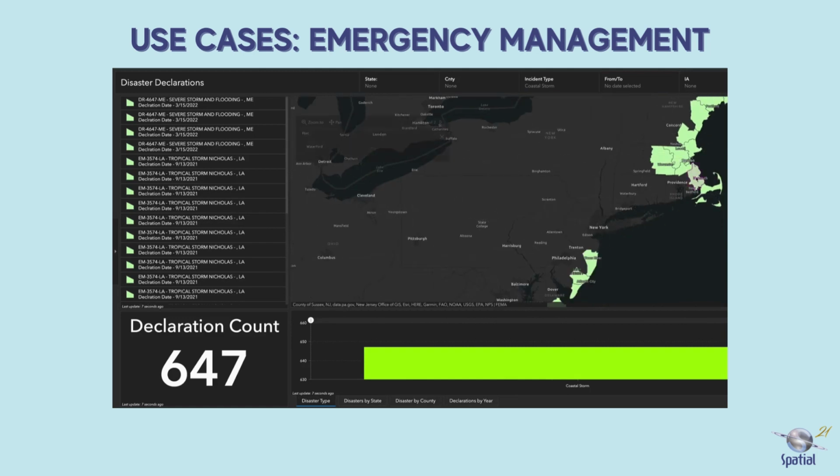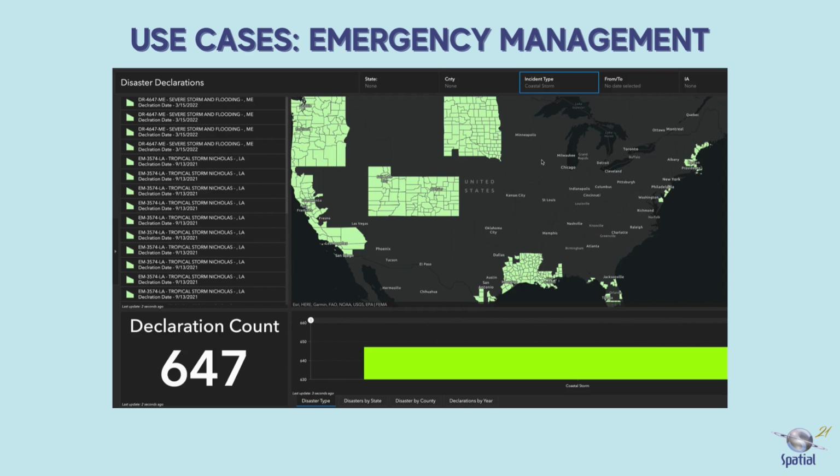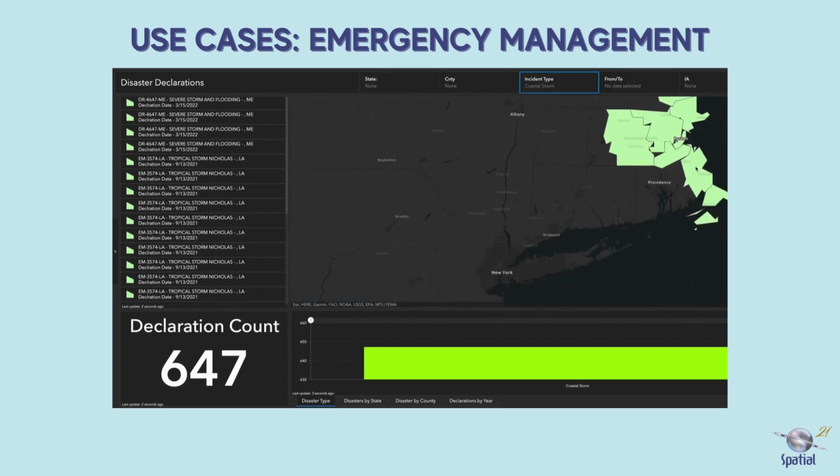Dashboards can also provide an overview of the situation to understand and answer initial questions. What is happening? Where is it happening? What are the impacts? Are there consequences? And what is the capacity to respond?